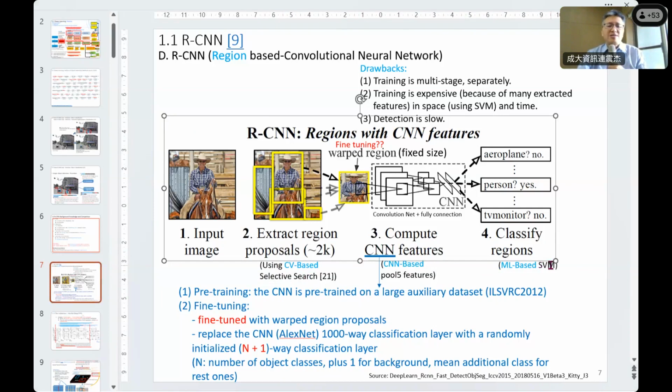But people found out that if, for a single region, I can extract more information, the classification result will be improved. That is why people use convolution, like edge detection filters.